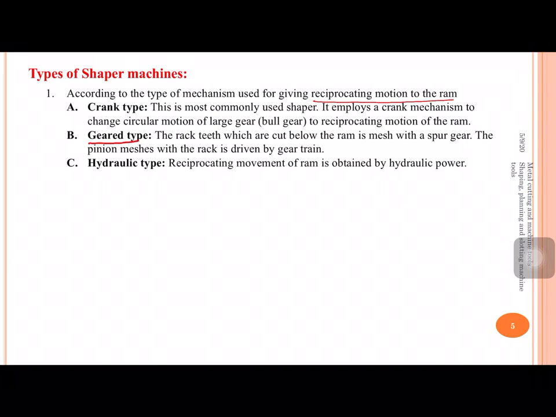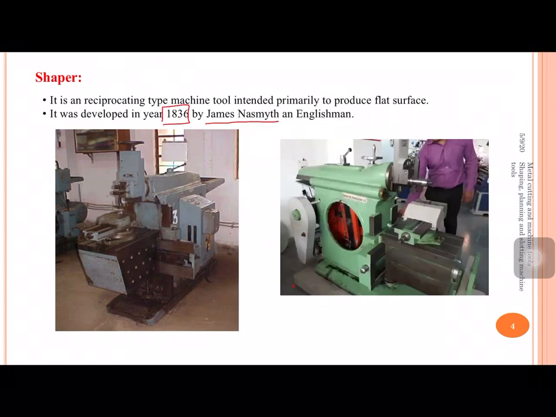In the Garrett type, the rack teeth are cut below the ram. Here you can see there is a ram, this is the ram of the shaping machine. Below this, this portion is provided with rack teeth, and these rack teeth come in contact with the pinion. As the pinion rotates in the clockwise direction, let us say, the cutting tool, that is the ram, will be moved in the forward direction.